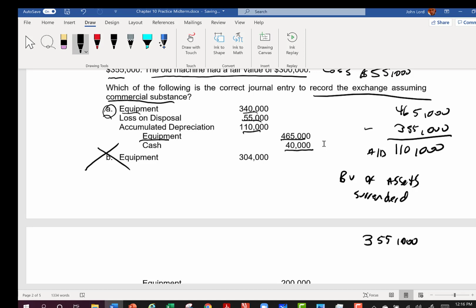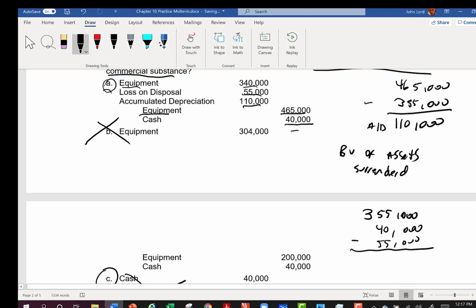Has to be one or the other. It can't be a gain and a loss. 355. The cash we gave up was 40. Okay, and then we took a loss of 55. When I do it that way, I every single time get the right answer for the value of the new equipment. And so that's how I'm going to do it, okay?